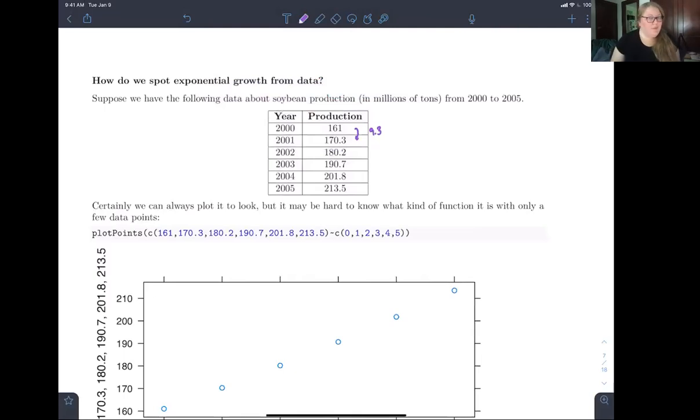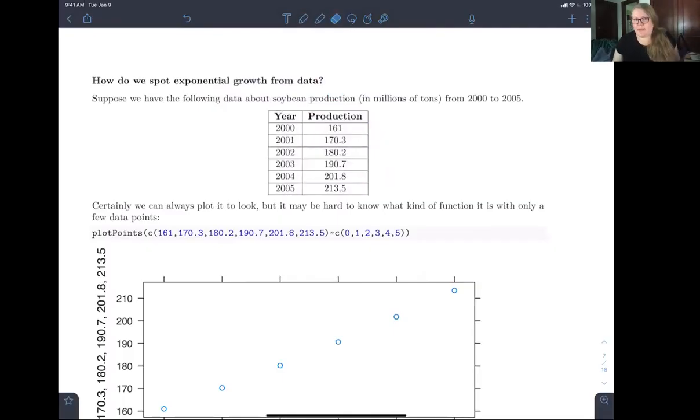But if we look later, the change looks like 11 point, oh, I'm going to have to do mental arithmetic, right? Live in front of people. All right, 11.7, I think is correct. And so we don't have that constant added change for a change in 1 year. So it's probably not going to be linear.